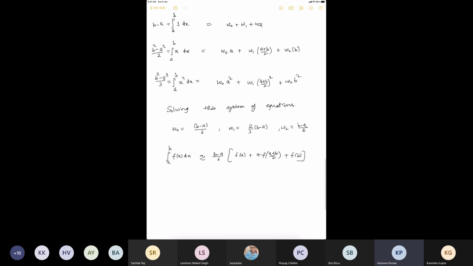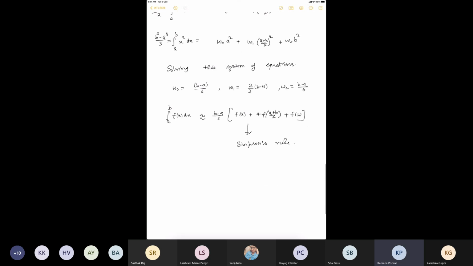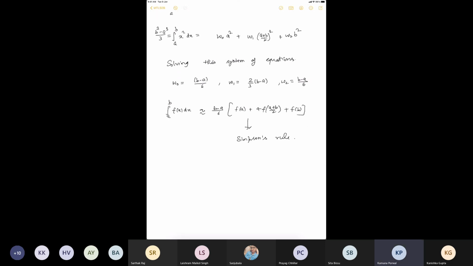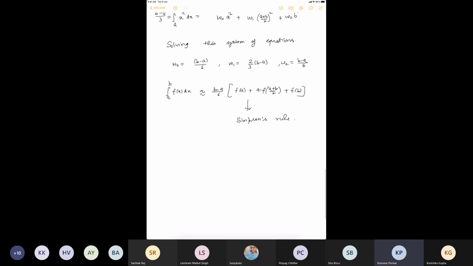And I think you're already familiar with this rule, right? This is nothing but Simpson's rule. Right? So this is how the method of undetermined coefficients works: given the integration rule, you just try to determine the weights so that the rule is exact for polynomials up to a certain degree, right?